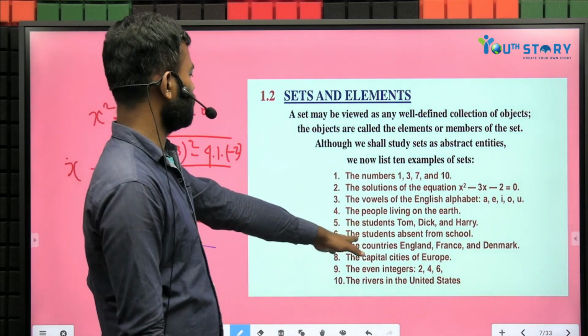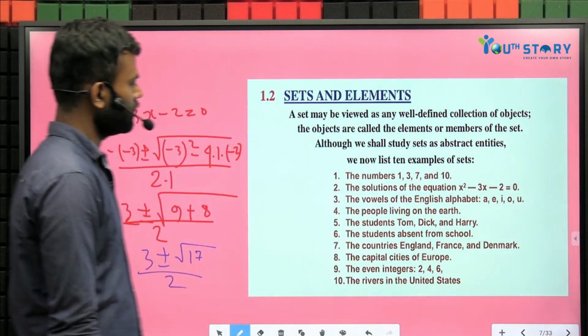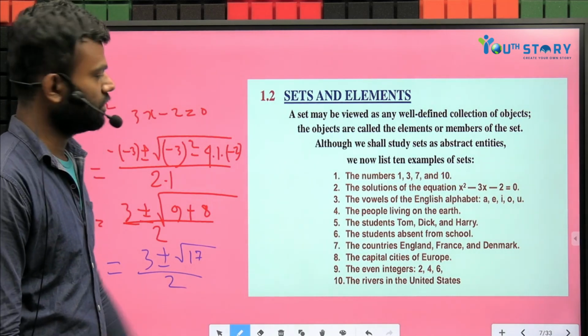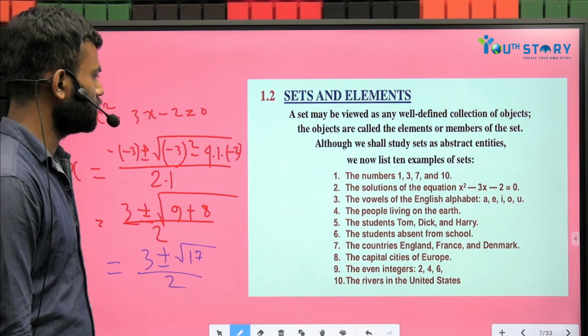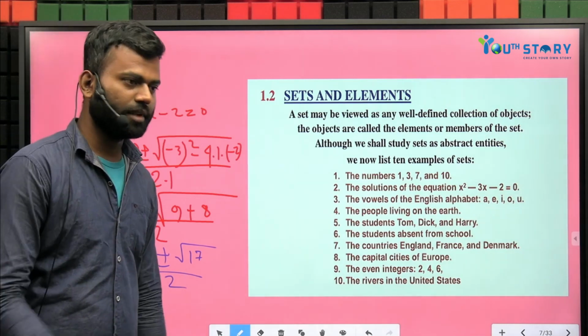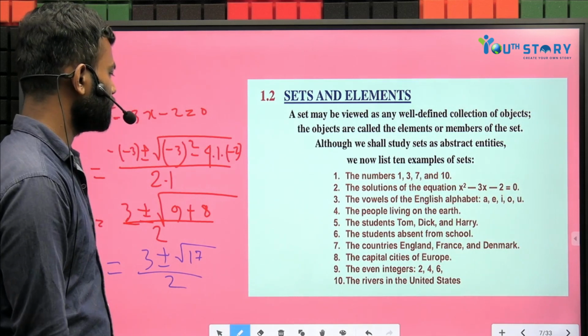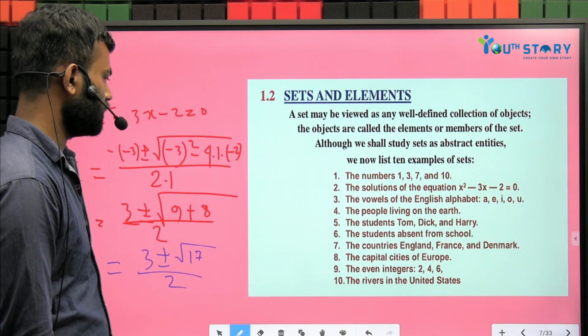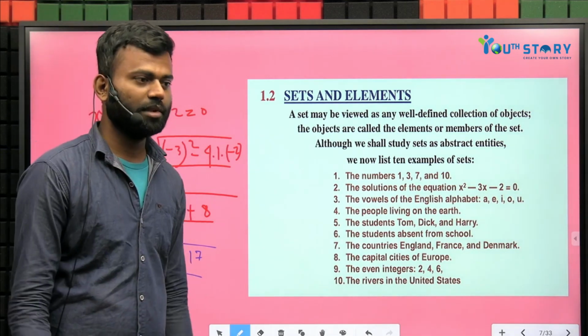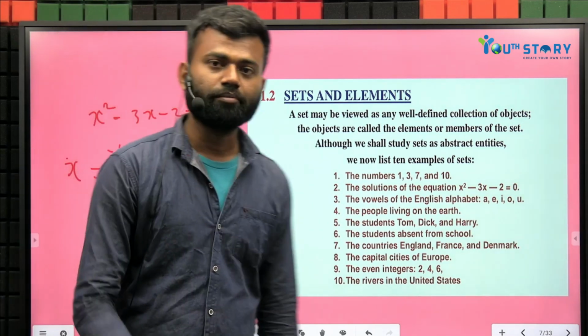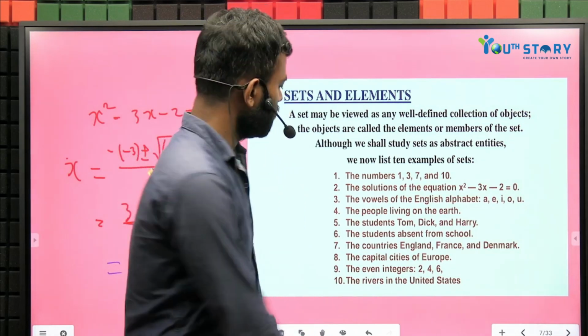The students named Tom, Dick, and Harry are all distinct and a well-defined collection. The students absent from school on the 6th day, the even integers 2, 4, 6, the rivers, the United States, maybe India, they form a mathematical set.